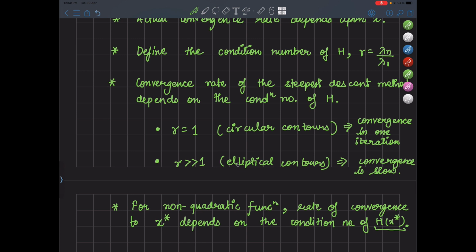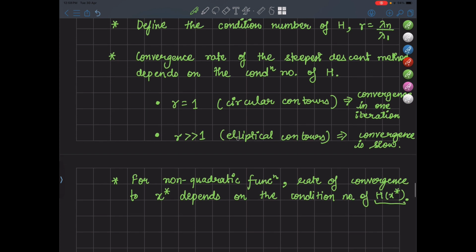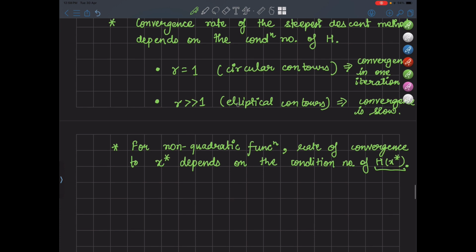We'll end it here. We tried to see, if we follow exact line search, what will be the step lengths. We also saw the convergence of xk to x star. How does it converge? How fast does it converge?